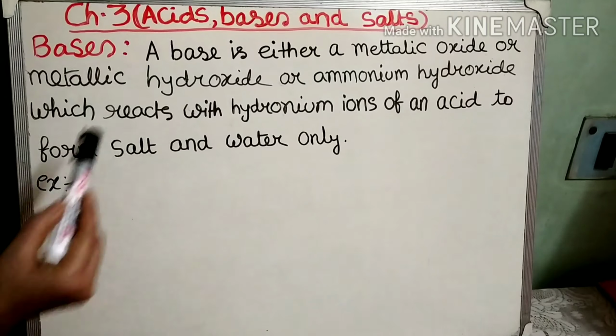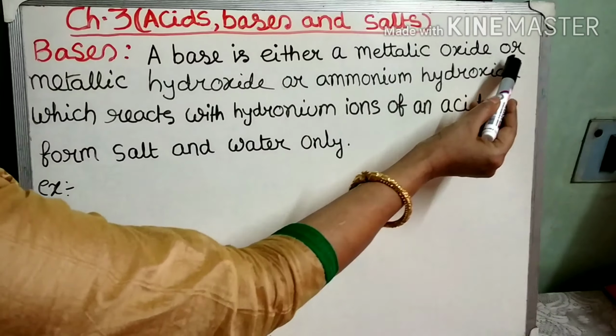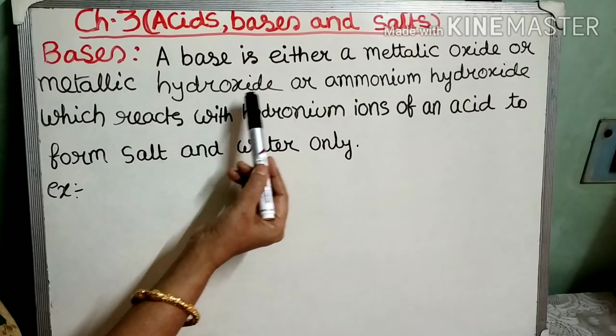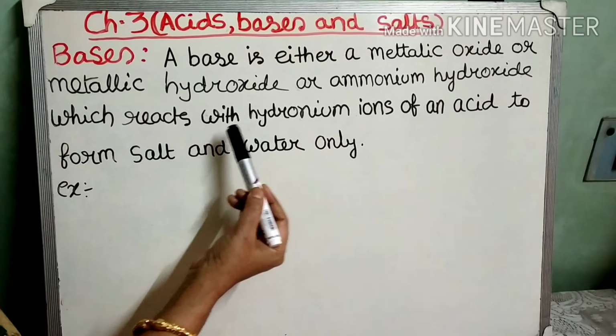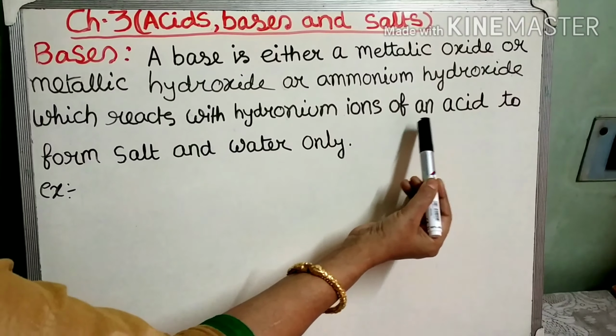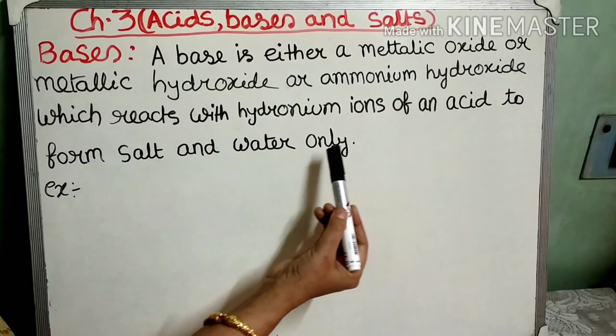What is a base? A base is either a metallic oxide, metallic hydroxide or ammonium hydroxide which reacts with hydronium ions of an acid to form salt and water only.